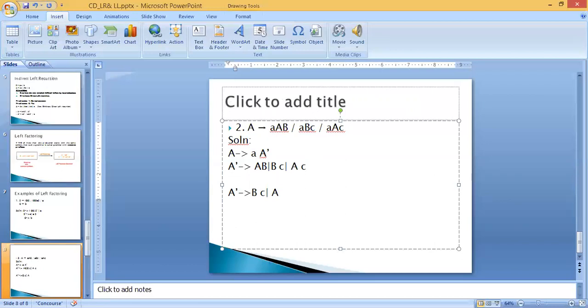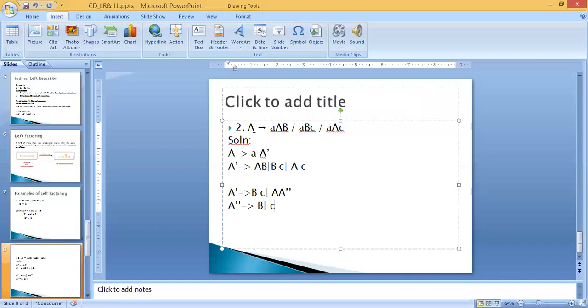I shall write it as A double dash, because in the notes we have used this kind of new non-terminals, right? Okay, A double dash. Now, what is A double dash? A double dash is nothing but B or small letter c. Okay, so B or small letter c.